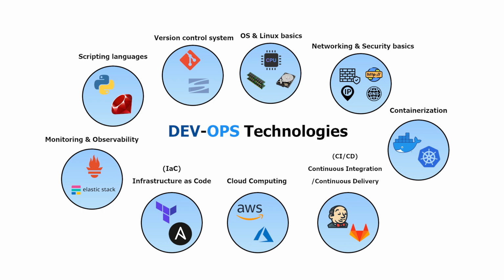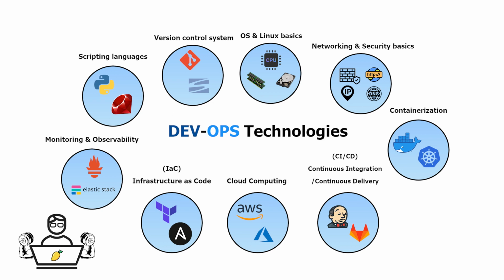Now it's important to note that this is neither a fixed nor a comprehensive list. As DevOps practices continuously evolve, so will the technologies associated with them. But if you can master these segments, you are in a great spot.